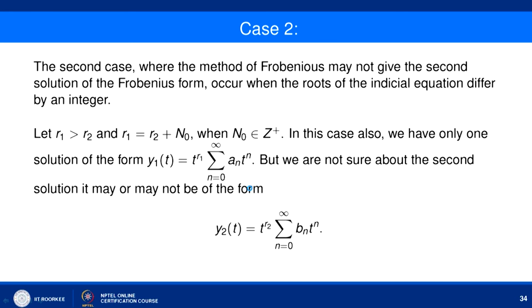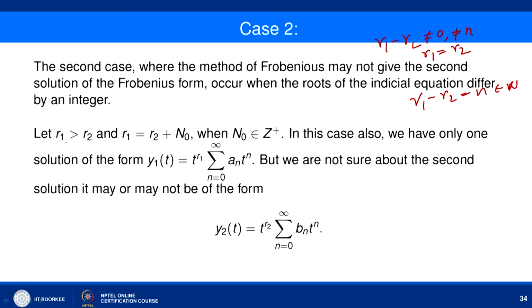Here we have already seen that when R1 minus R2 is non-zero and not an integer, we discussed that in the previous lecture, and the case when R1 equal to R2, that is, the difference is 0, we have already discussed with one example. And then the last case, when R1 minus R2 is equal to some n, where n is some integer, that we want to discuss now.